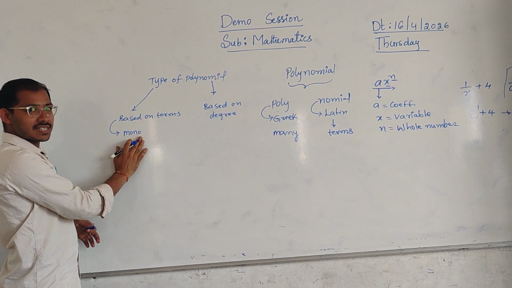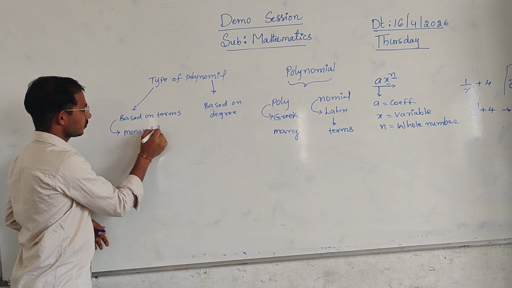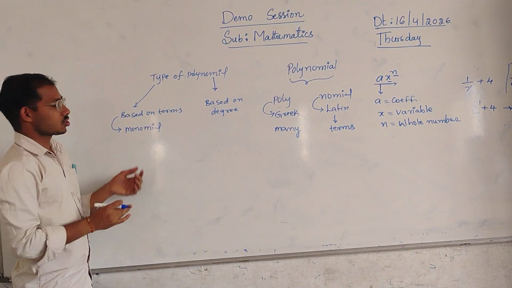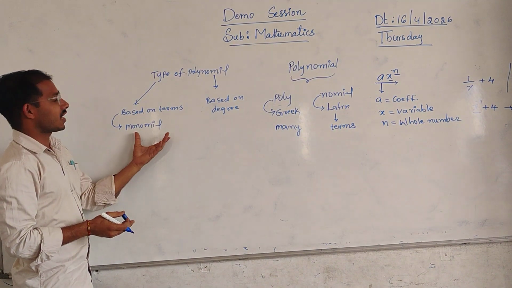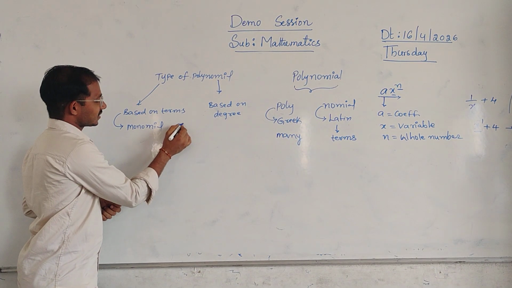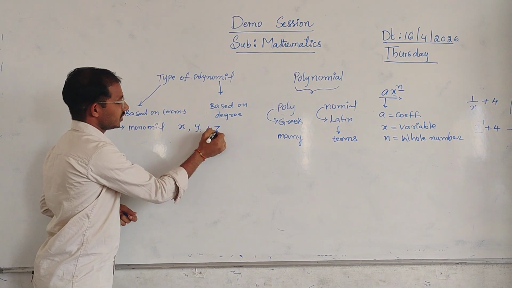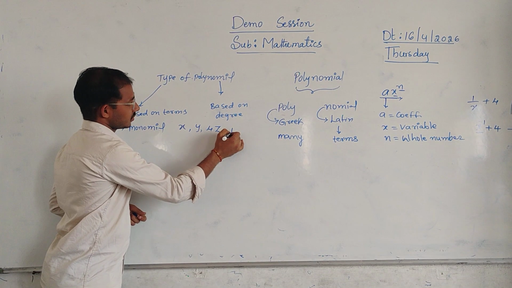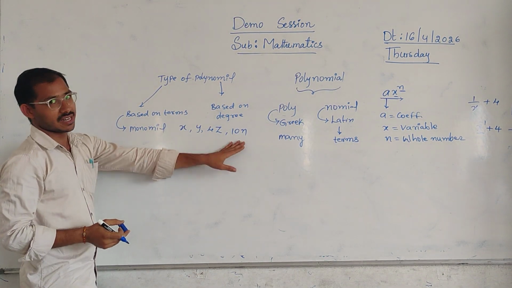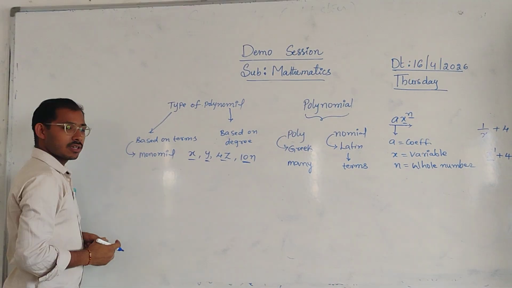Mono means single term. So when an algebraic expression has only one term, we call it a monomial. For example, x, y, 4z, 10n. These are all monomials, as only single terms are there.